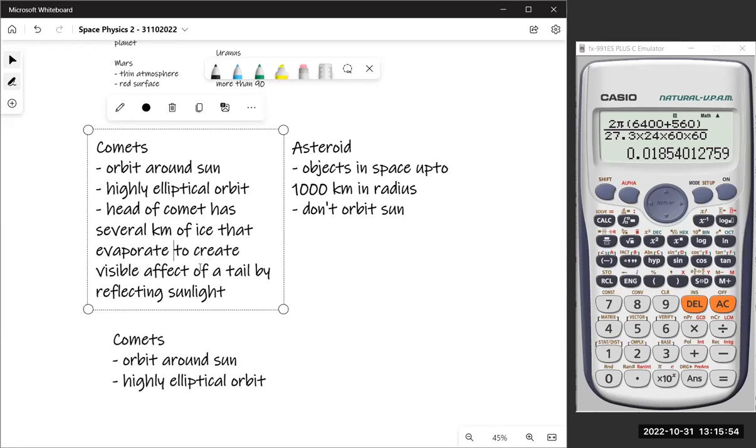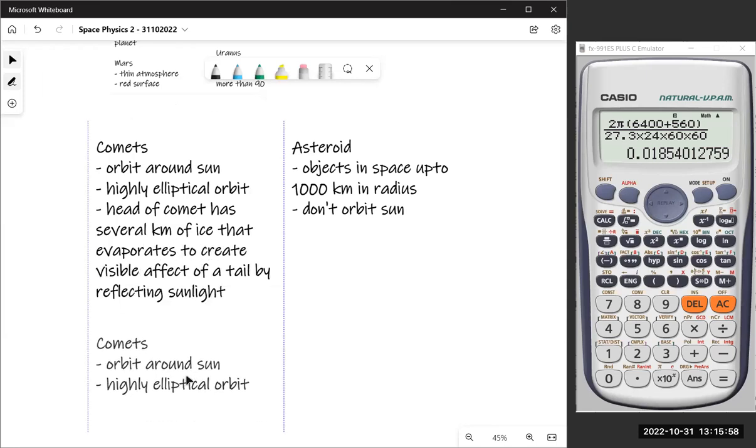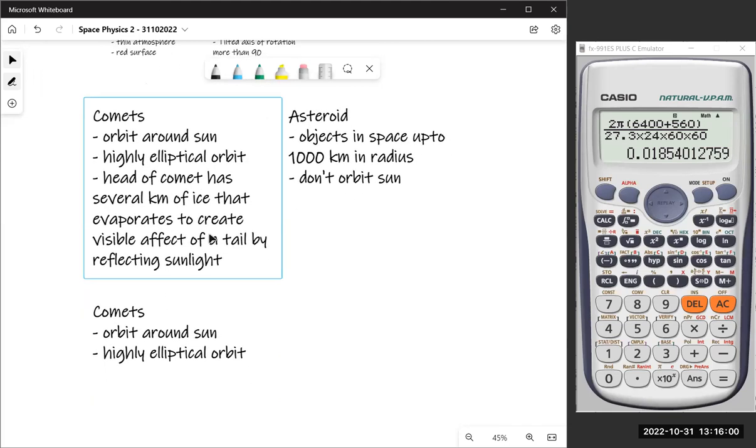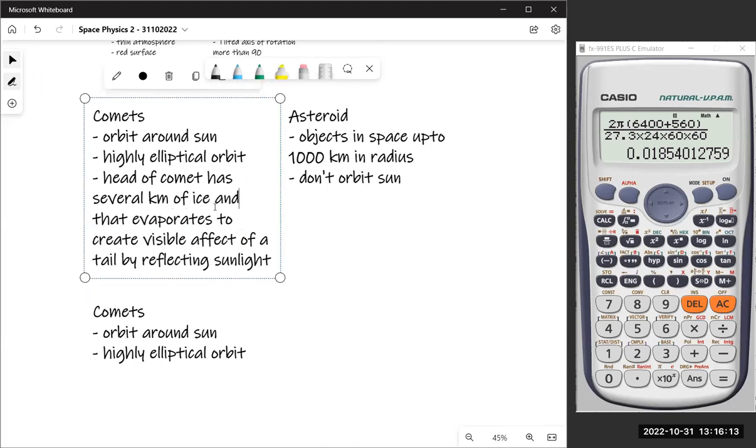Now, a comet has a head and a tail. The head is basically ice, and the tail is basically the evaporation, that ice evaporating into dust and water. It's ice and dust.